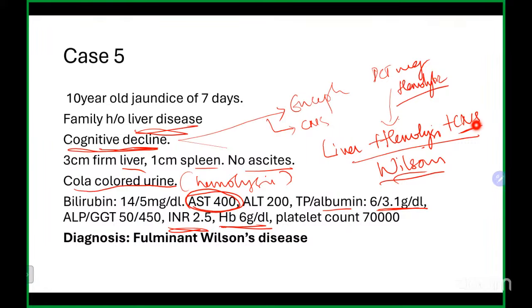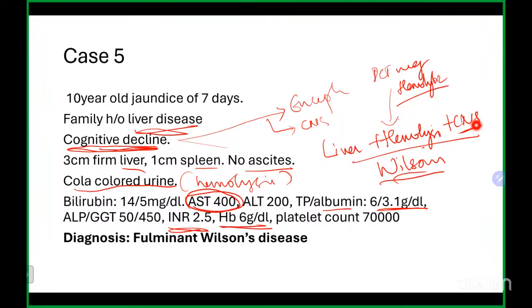So after some days, this cognitive decline will also become flapping tremors. So you can even see flapping tremors, cognitive decline. Sometimes the earliest symptom with which the patient comes to us is poor scholastic performance, previously doing well in school, suddenly is not getting good grades.